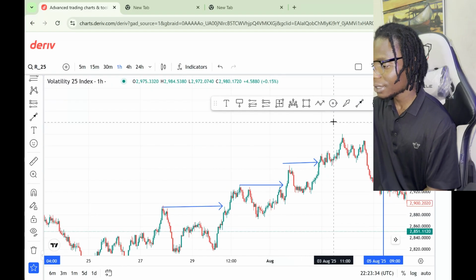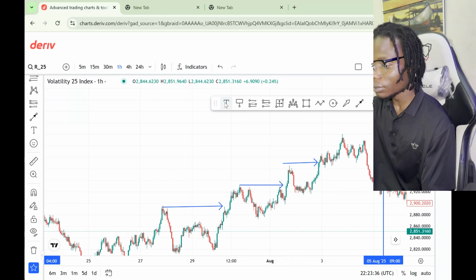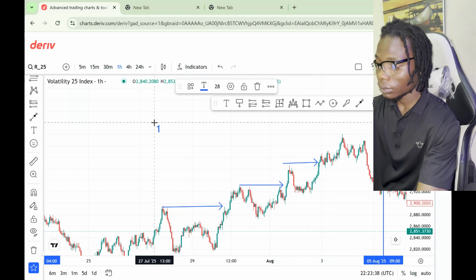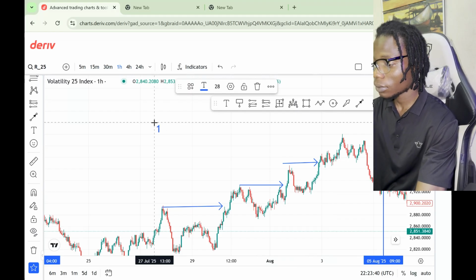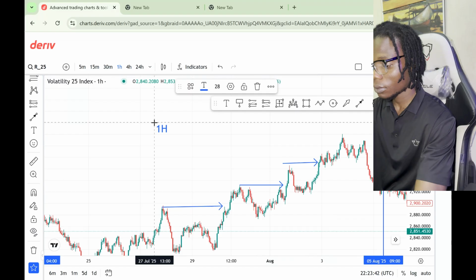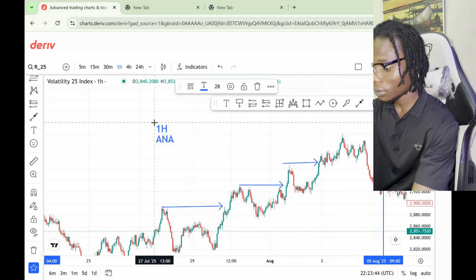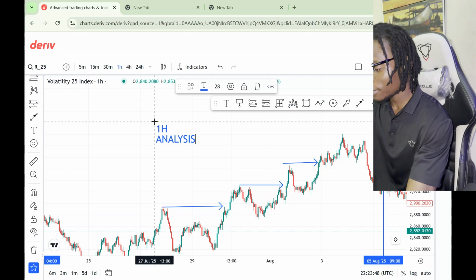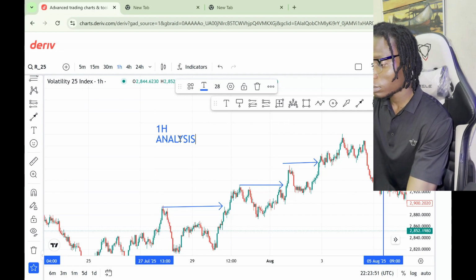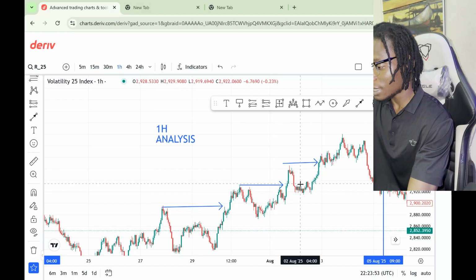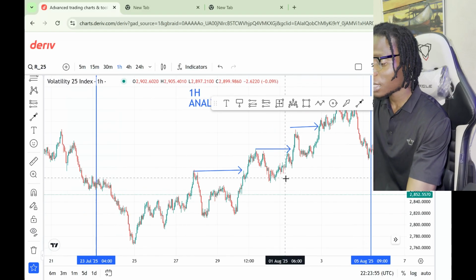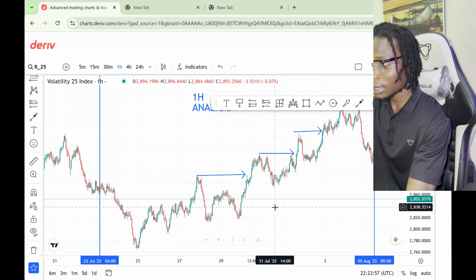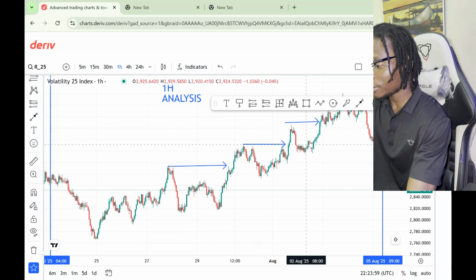I think I need to write this down also. Analysis time frame. So guys, keep writing this down. Our 1 hour is our analysis time frame.